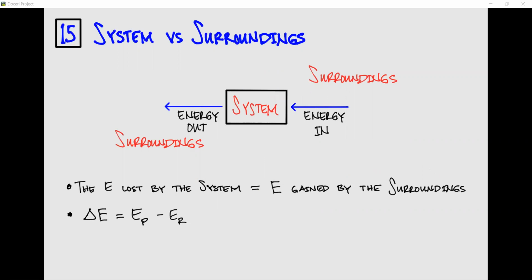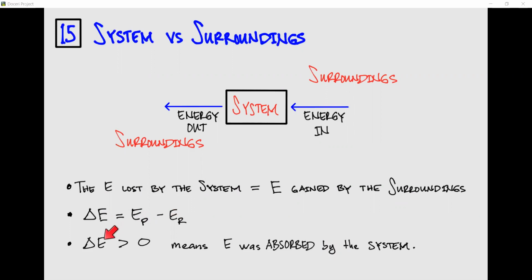And so the total change in energy of a chemical system is equivalent to the energy of the products minus the energy of the reactants. So you take the difference in the energies between the products and the reactants, and what you get is the total energy change of the system. Again, the system could be a chemical reaction.